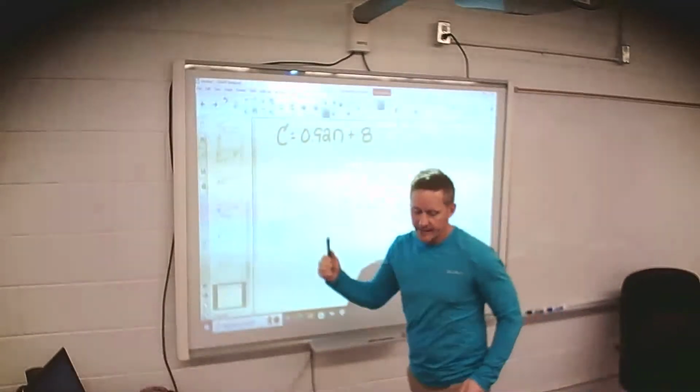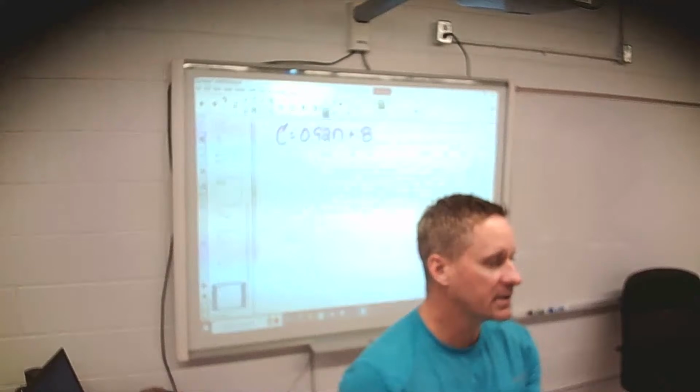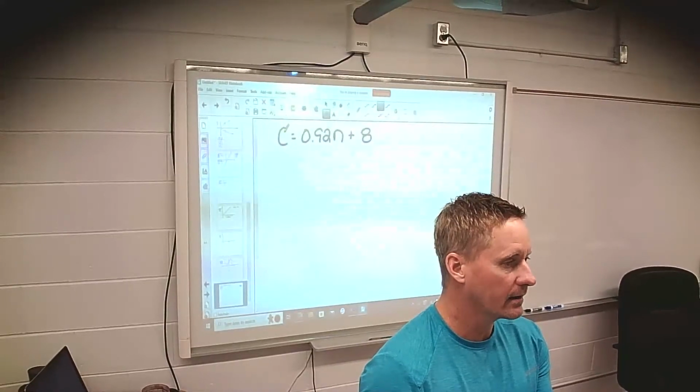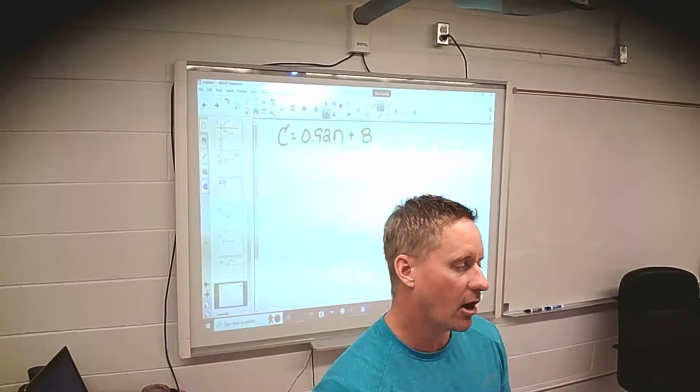So I need to know how much gas I have because that's going to be multiplied by 0.92, which is per liter, and then add the $8 after. So this C is the dependent variable. The cost is dependent on what? How much gas you use or buy, correct? Yeah? And then the car wash is separate. You add the $8 after.